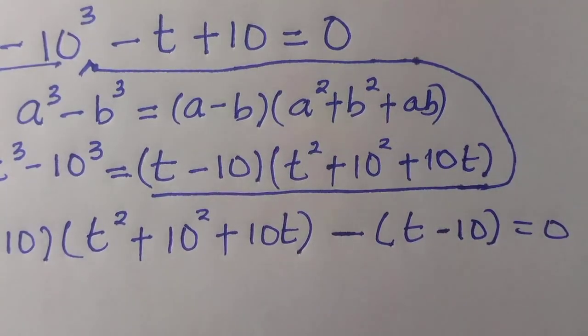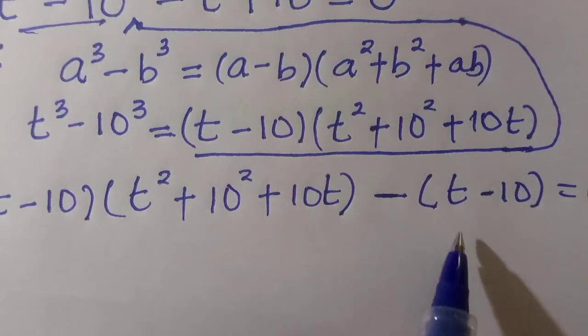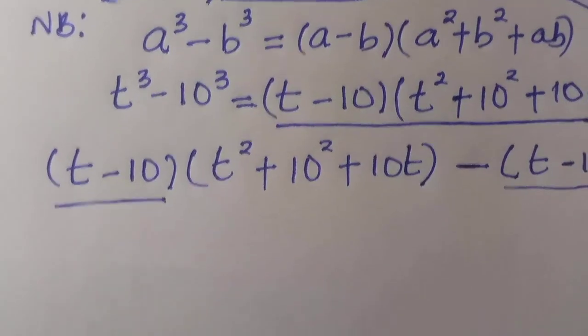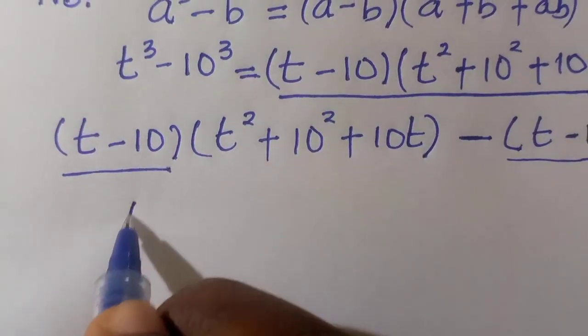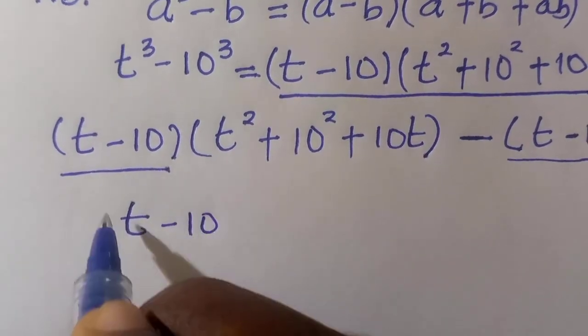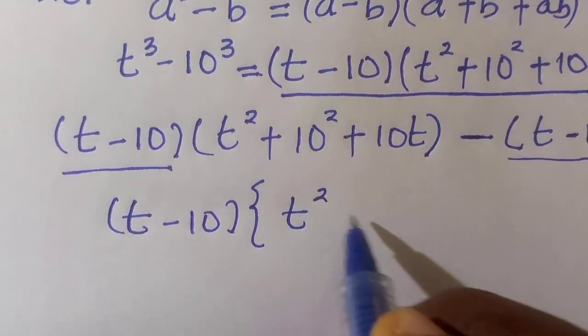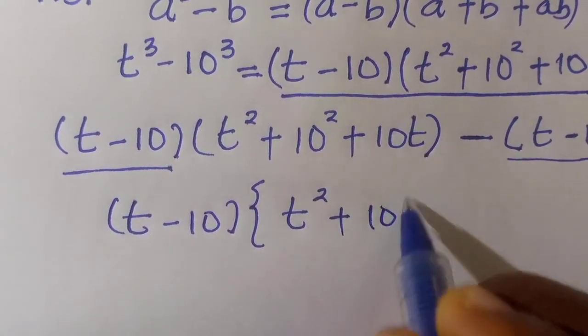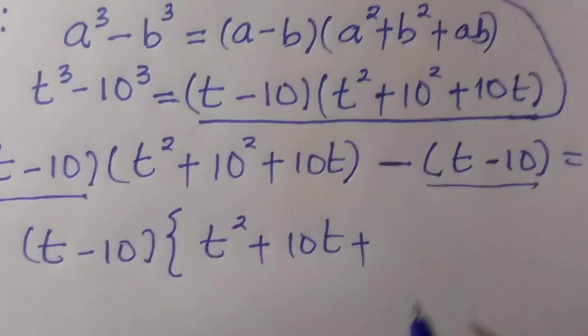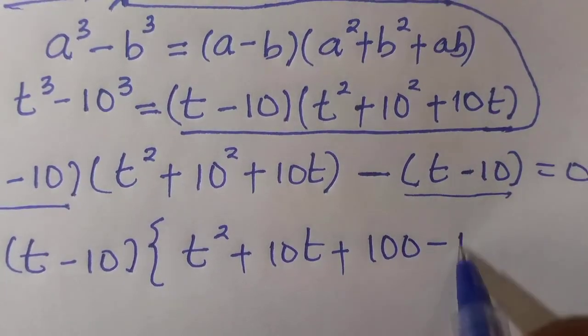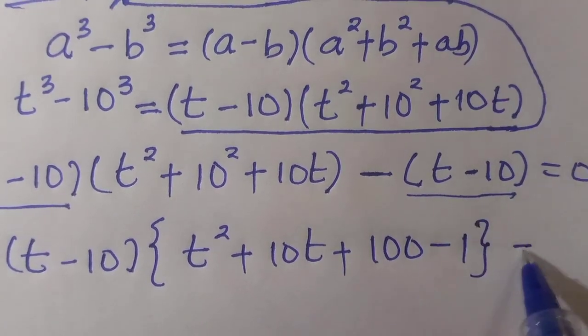Everything equals 0. And next, let's factor out T minus 10 from all this. What we are going to have next is T minus 10 in bracket, open bracket, T to the power of 2 plus 10T plus, so 10 squared is 100 minus, and here remains 1, all in bracket equals 0.